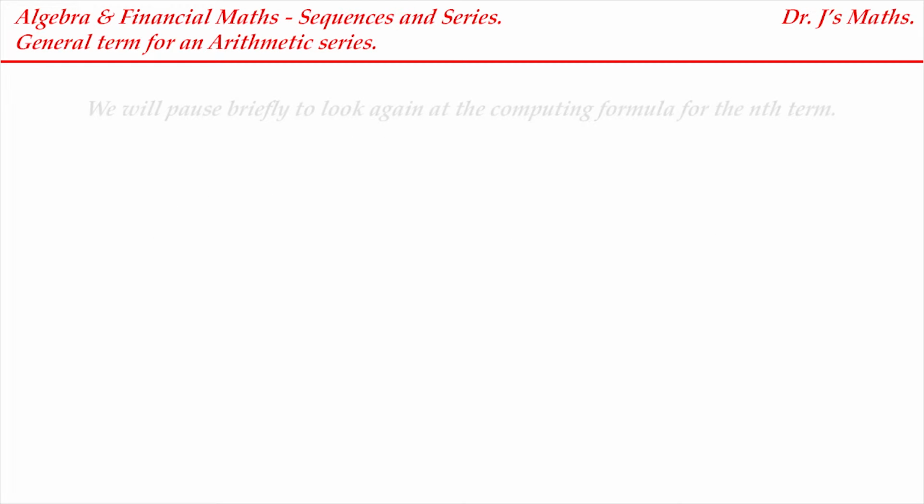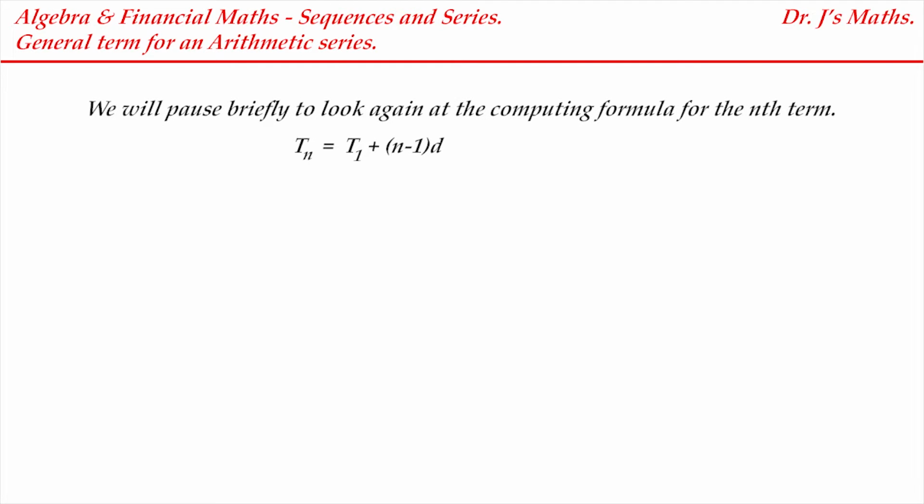Before looking at another example, we'll just pause briefly to have a look at the computing formula for our nth term. And that is Tn is equal to T1 plus (n minus 1) times d. Now if we expand that, Tn is equal to T1 plus dn minus d, and then we can combine T1 and the d into brackets and leave the plus dn outside.